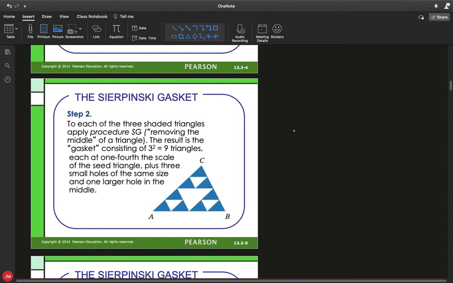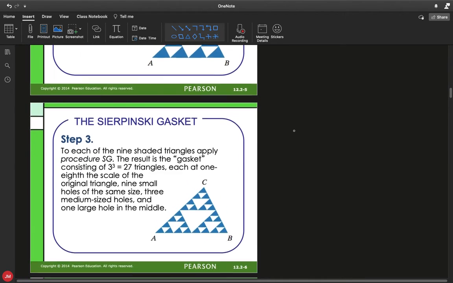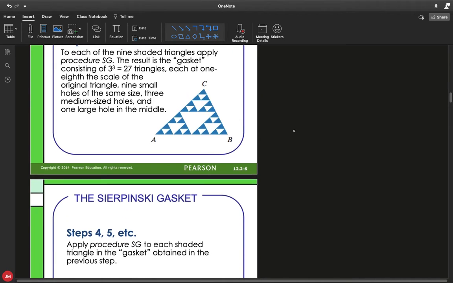Once we do that again, notice that we get this picture right here. So again, for each of those solid triangles, we remove the center triangle from that, which now means that we have a total of 9 smaller triangles, each of them 1/4 the scale of the original seed triangle. As we continue to do that, by the time we get to step 3, we are now at 27 triangles. Each one of them is 1/8 the scale of the original triangle, and so on.